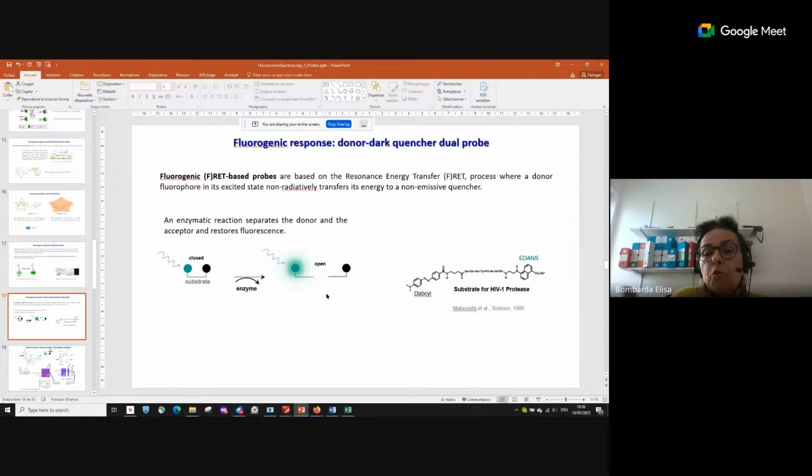And in fact, that is how this probe works. Normally it is a way of labeling a substrate of an enzyme, in particular a protease, whose function is to cleave at a specific site. Normally proteases are peptidases, so they cleave the peptide bond in between two amino acids.